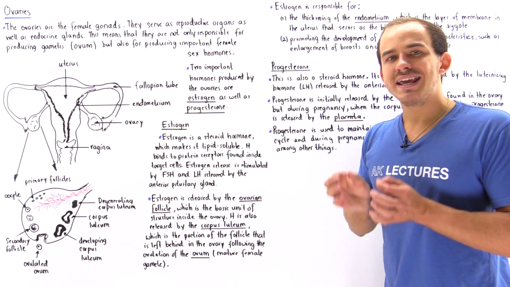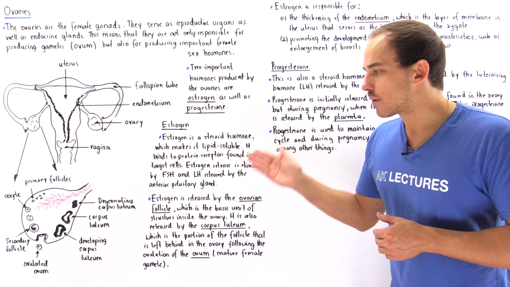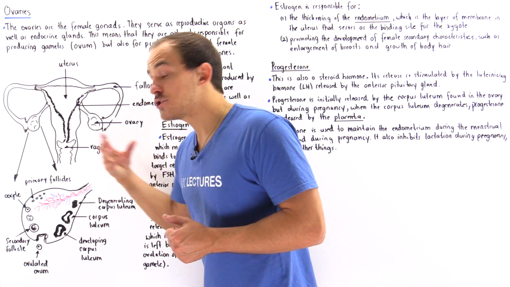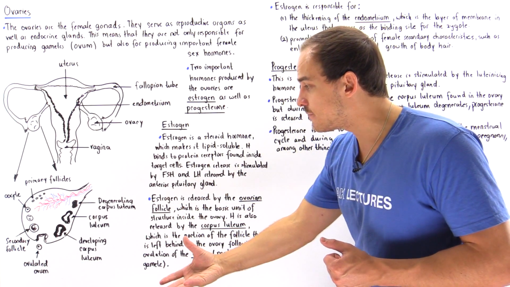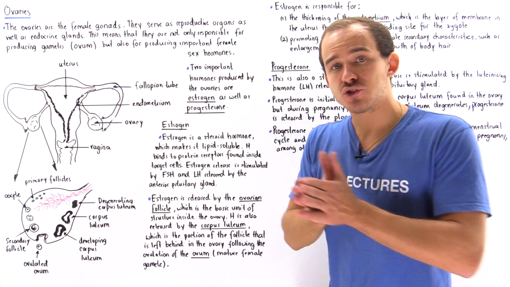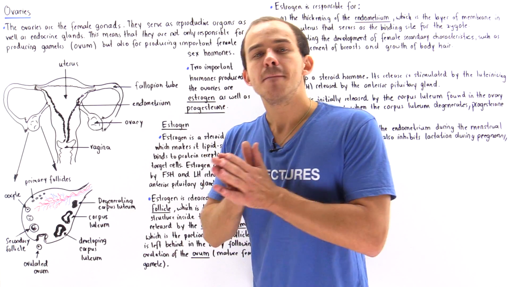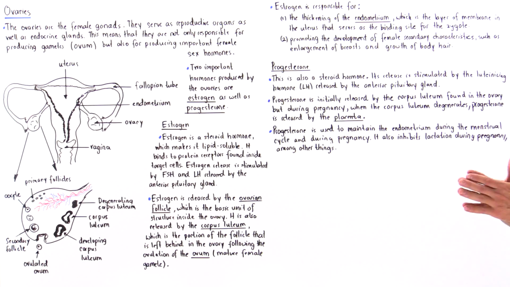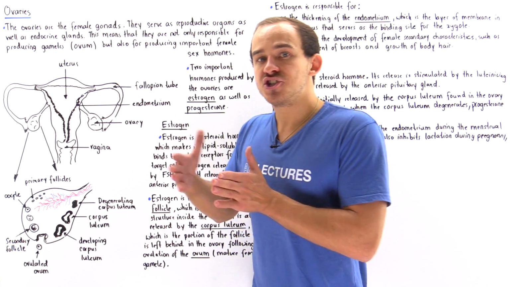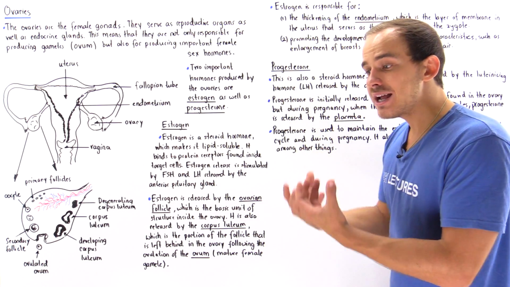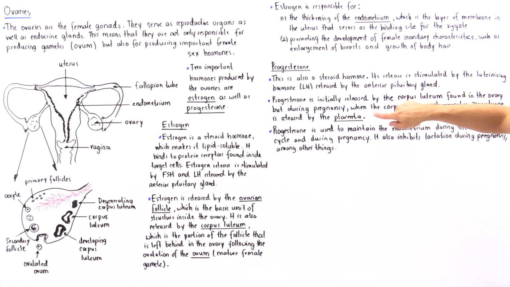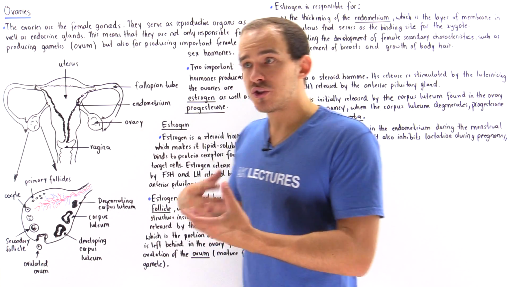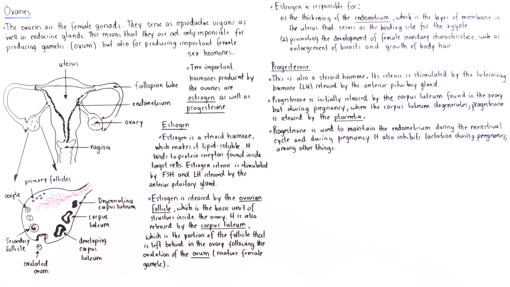Now, progesterone is initially released by the corpus luteum. So, after ovulation takes place and the ovum is released into our peritoneal cavity, the corpus luteum eventually forms, and that corpus luteum begins to release our progesterone hormone. Now, once our corpus luteum actually degenerates during the process of pregnancy, our placenta, the structure that basically supplies the growing fetus with nutrients, begins to release our progesterone.